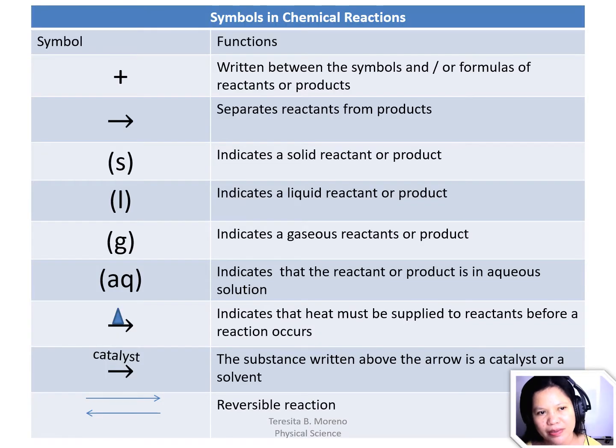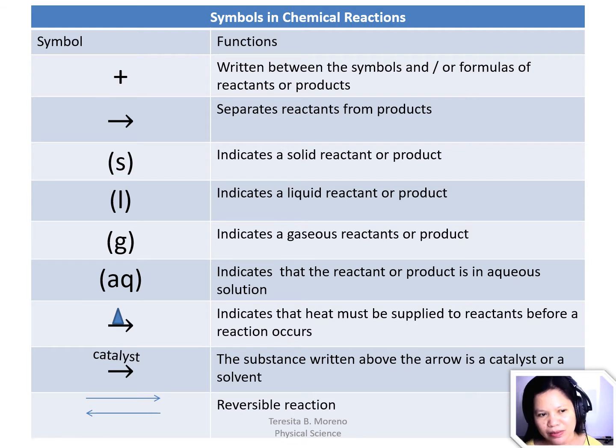Here are some symbols in chemical reactions. When you see a positive sign written between the symbols or formulas of the reactants and products. Then if you see an arrow symbol, it separates reactants from products.